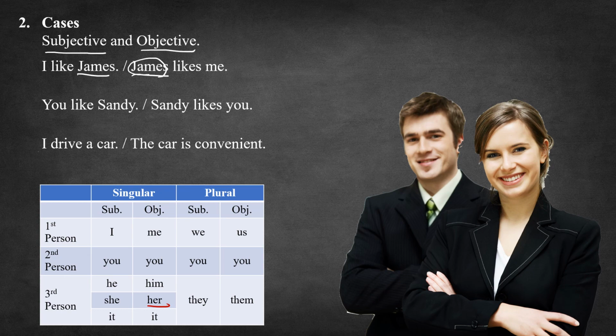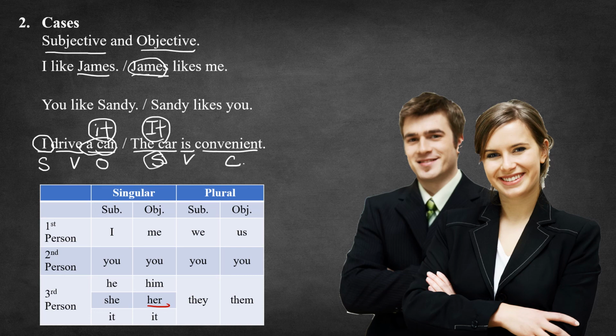Okay? Now let's look at the third sentence. I drive a car. I, subject, verb, a car. It's an object. So you say I drive it. It's an object, it. The car, subject, verb, and this is complement. And this car can be it. This it and this it, they look alike.